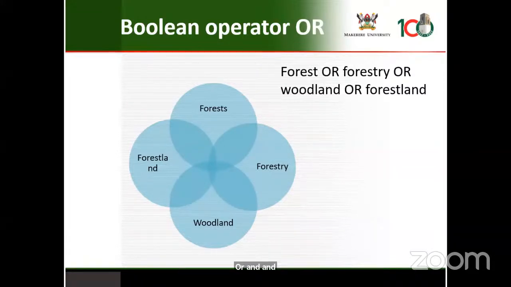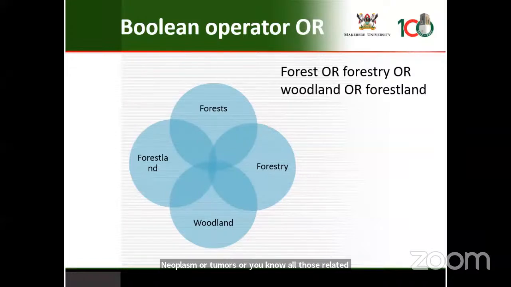So let's start with OR. OR combines what we call synonyms, the related words. If you're looking for studies on childhood cancer, you're going to say cancer or neoplasm or tumors, all those related words.